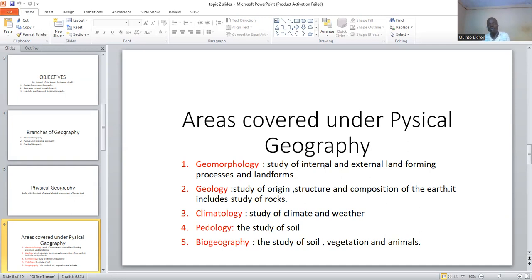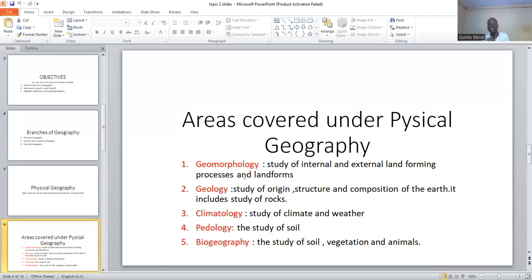Volcanicity is an example of internal landforming processes, and weathering is an example of external landforming processes. Other landforms include cliffs, escarpments, and so on. That is under geomorphology as an area covered by physical geography.